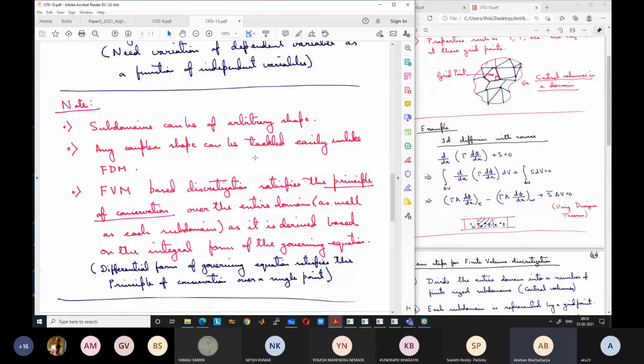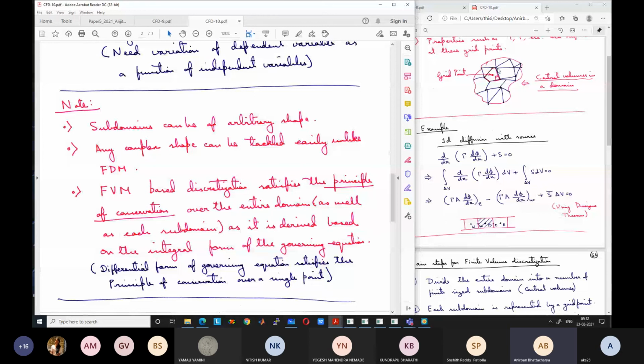For finite volume, we do not have any restriction. We just have to divide the domain into arbitrary shapes, and for each shape there will be a certain number of faces. For each face we can find the flux. It need not be aligned with the x and y direction. These faces can be in any direction, and we will be able to find the flux for any direction.